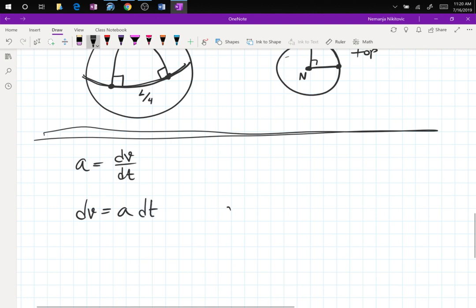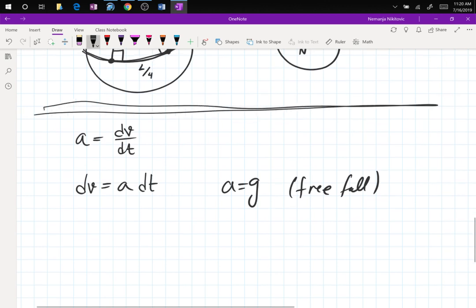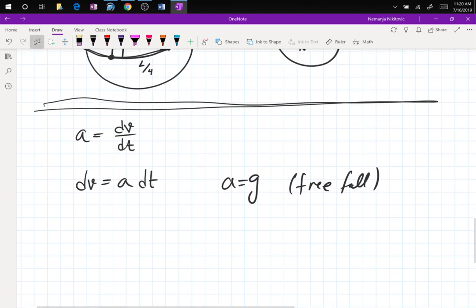Now if a is, let's say, gravity, for a free fall, you can keep acceleration there. It's okay, but you can also plug in g if you want to work on a free fall. We can do the general form. You can always plug in g later. All right, let's just keep a.